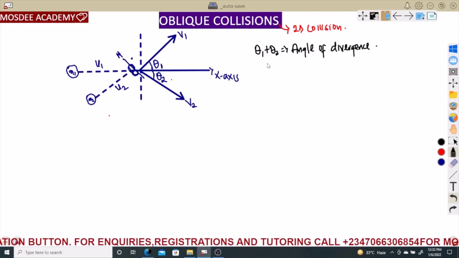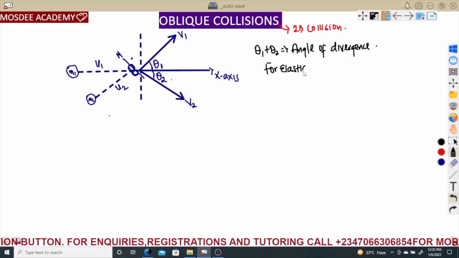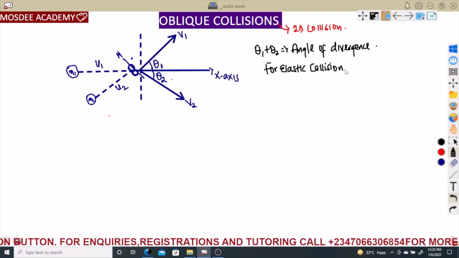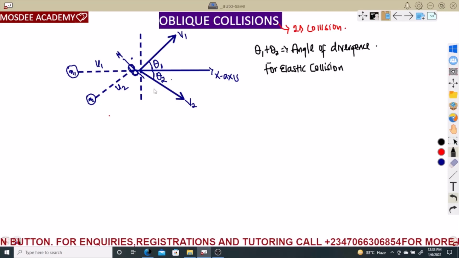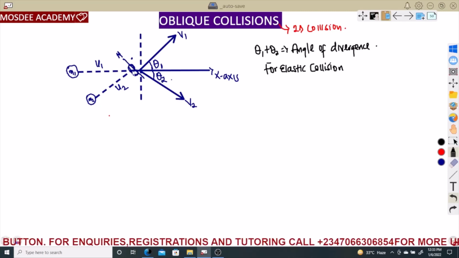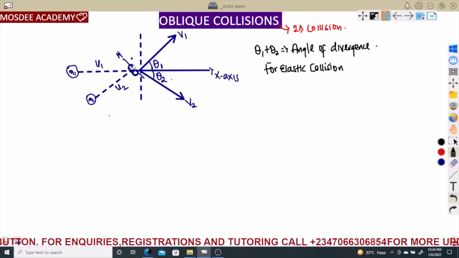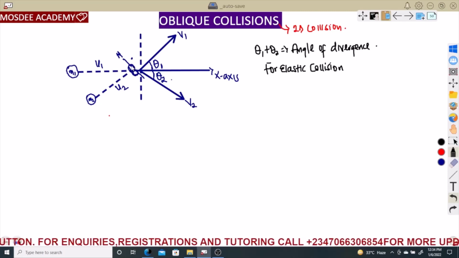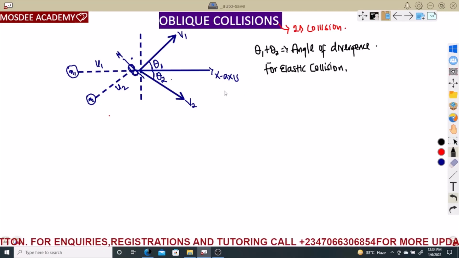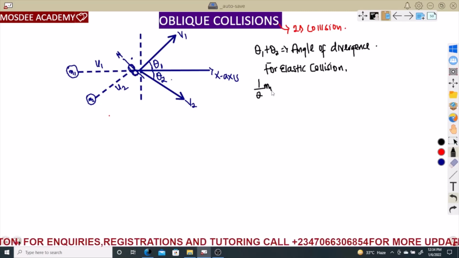Now for elastic collision, remember that the coefficient of restitution is 1. So let's start with the initial kinetic energy. After the bodies are lifted together, potential energy will be converted to kinetic energy. We've talked about that in the previous slide. So initially the kinetic energy of this one is half m1 u1 square.